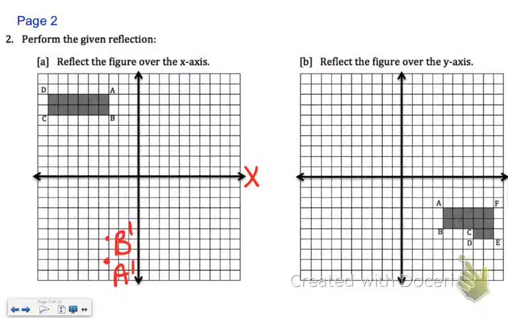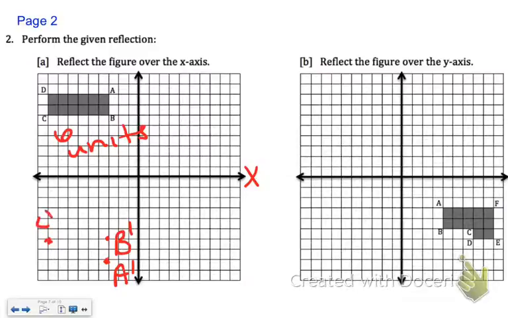So remember, just like we talked about yesterday, you don't have to take each and every single point and count the distance. Since we know we are creating a rectangle here, we can count the side length from B to C. So I know from B to C we are 6 units apart. So I know that C prime also has to be 6 units apart from B prime.